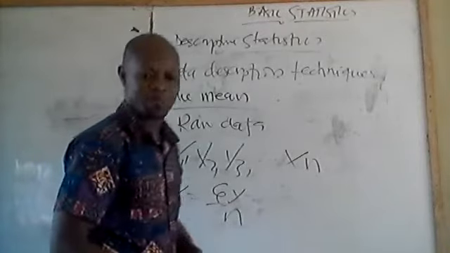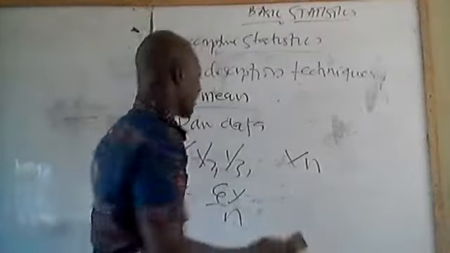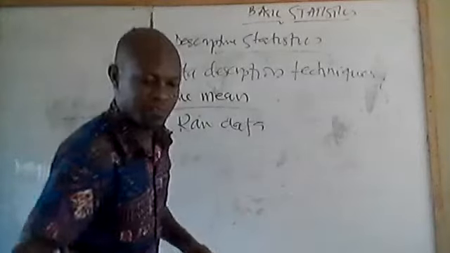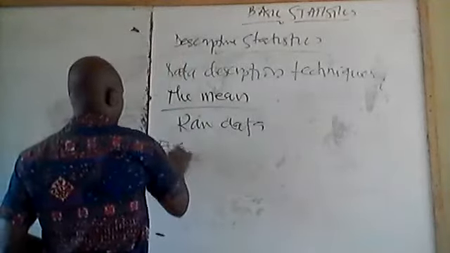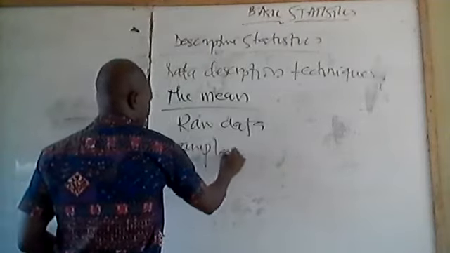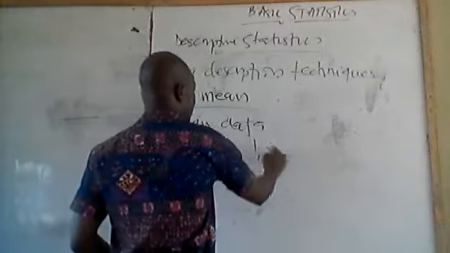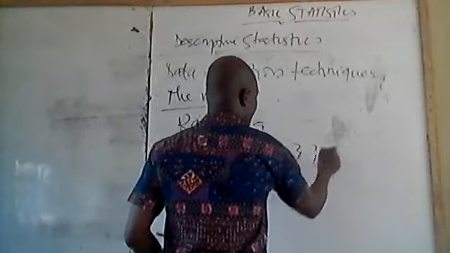Let's take a few examples. Example: we have 1, 5, 2, 2, and 4.